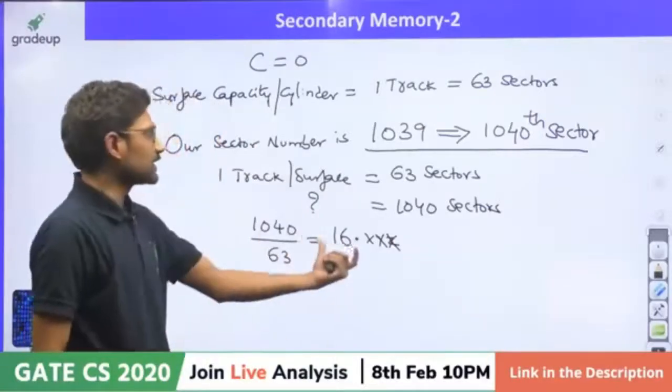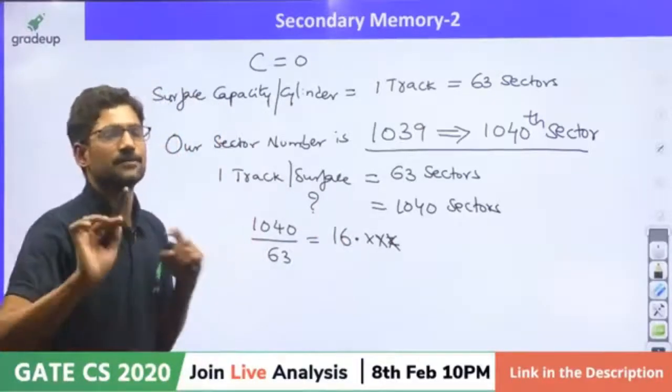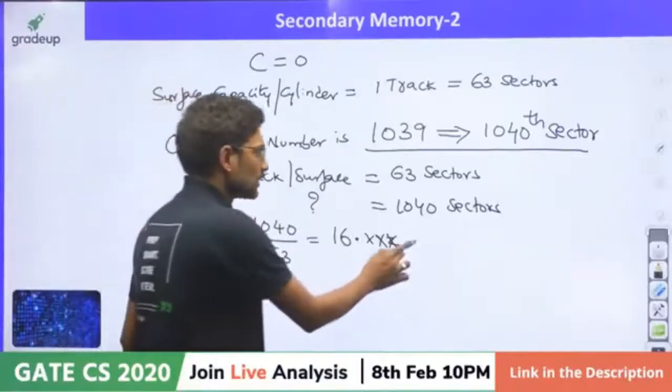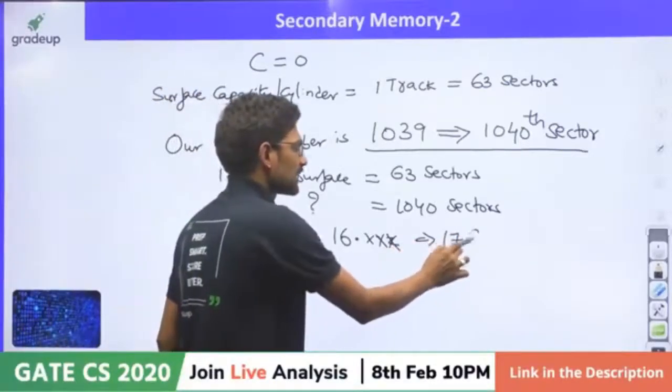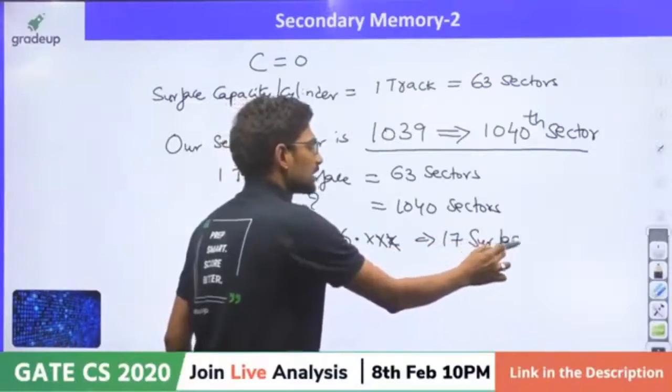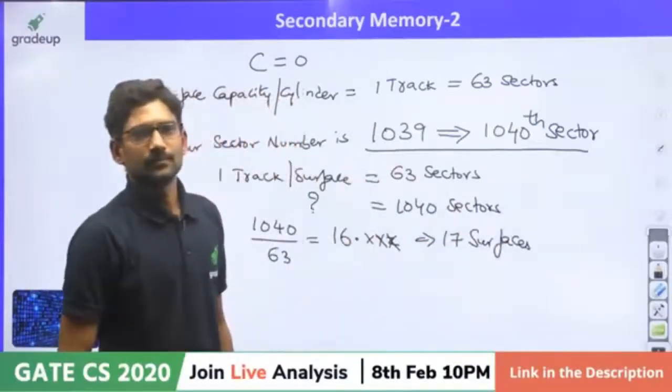That means 16 surfaces are also not sufficient. So how many surfaces are required? 17 surfaces are required.